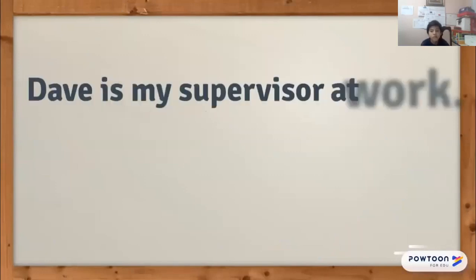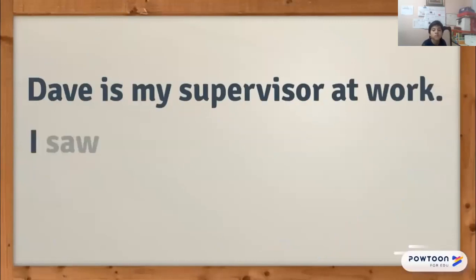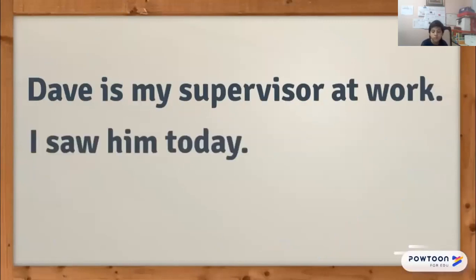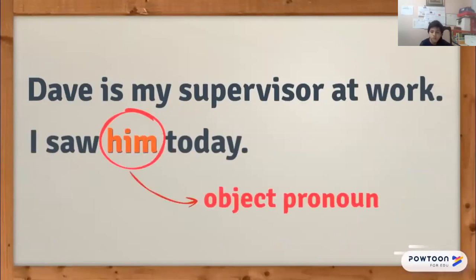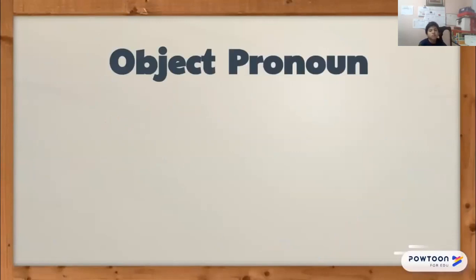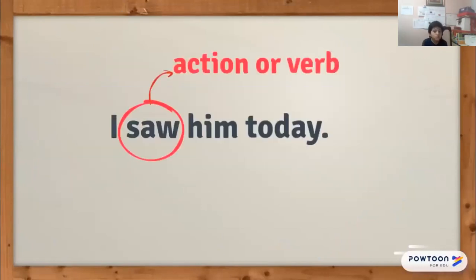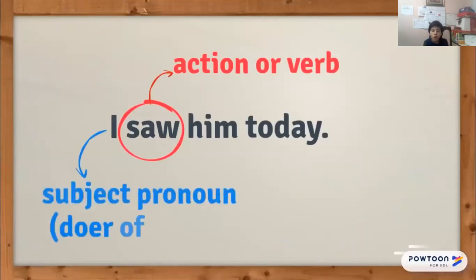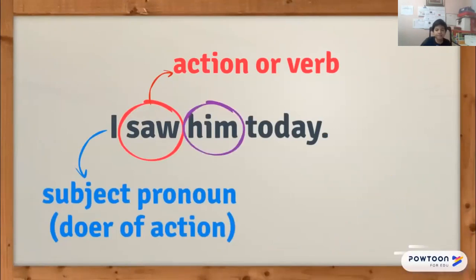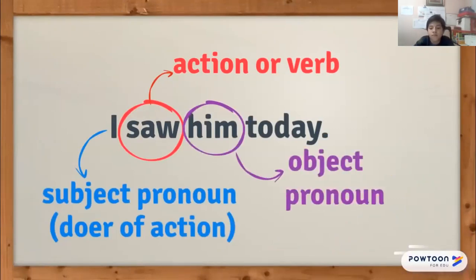Dave is my supervisor at work. I saw him today. In this example, him is an object pronoun. An object pronoun is the receiver of an action or verb. In this case, the action or verb is saw. The subject pronoun I is the doer of the action, and him is the object pronoun that receives that action.